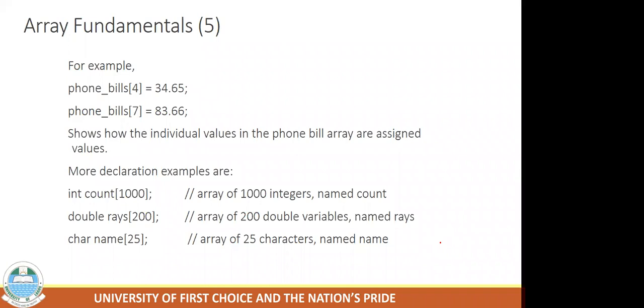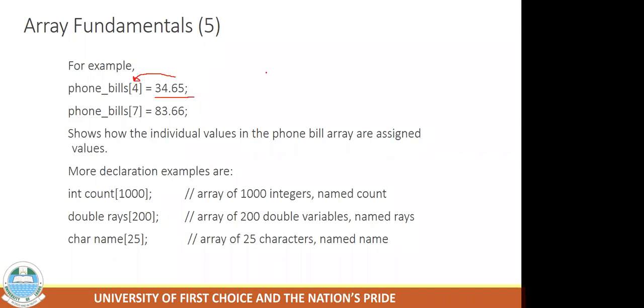So then we can put a value inside each variable, each array location. So what we're doing is we are assigning 3.465 into what? Into this array position.